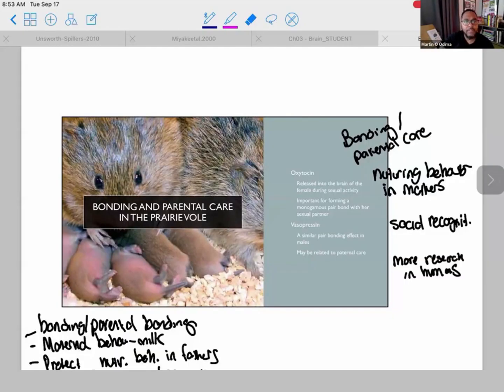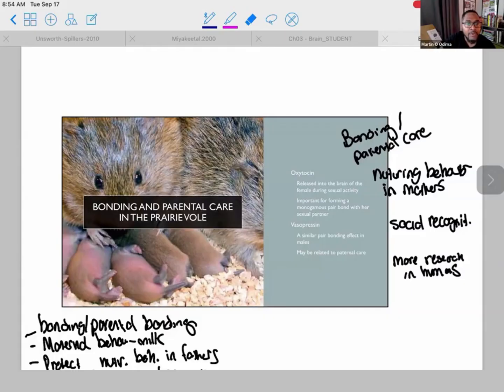So the next thing that I want to discuss is the bonding and parental care in the prairie vole. That's been studied many times, and it helps us create an understanding of oxytocin and vasopressin, which are different chemicals within the brain. These chemicals influence the bonding and parental behavior of the prairie voles.